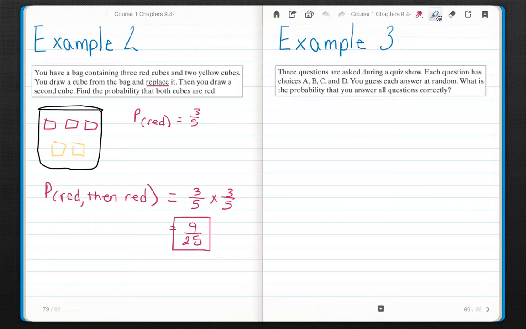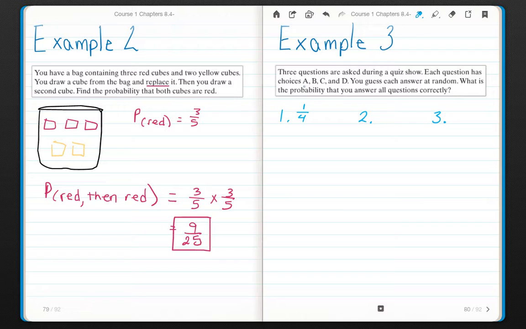Okay, so let's take a look at example 2, the quiz show. 3 questions are asked during a quiz show. So question 1, question 2, and question 3. Each question has choices A, B, C, or D. You guess each answer at random. What is the probability that you answer all 3 questions correctly? Well, the probability of answering any question is 1/4.